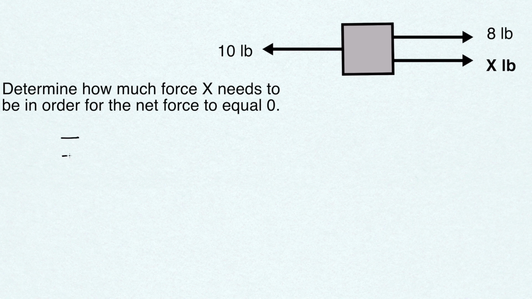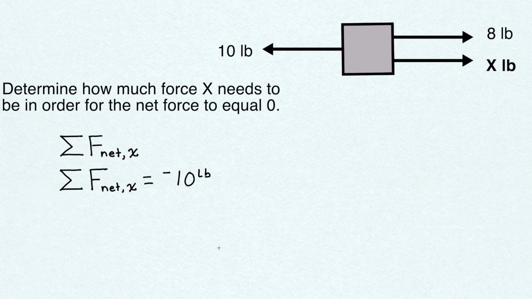So like always, we would take the summation of the forces, the net force, in the x direction, just like we've been doing. So we take negative 10 pounds plus 8 pounds plus x, and then the whole thing equals 0 pounds, like it says in the directions.